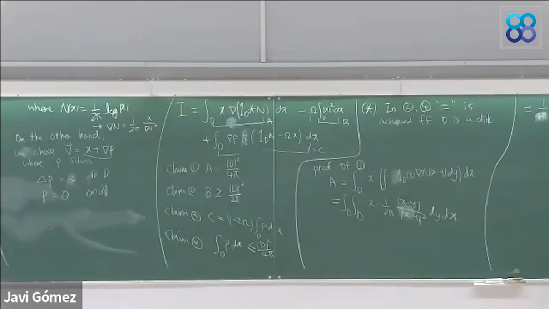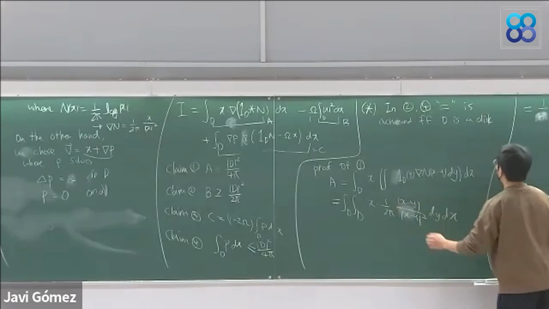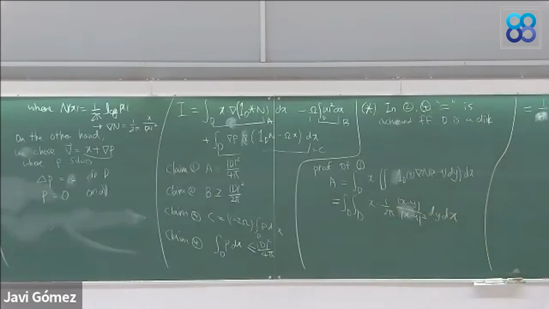There's nothing I did, I just split 1 over 2 pi into 1 over 4 pi plus 1 over 4 pi. But here we integrate with respect to x and y variables, so we can just interchange the notation. That is going to be y and y minus x, and this doesn't change because we take the magnitude.